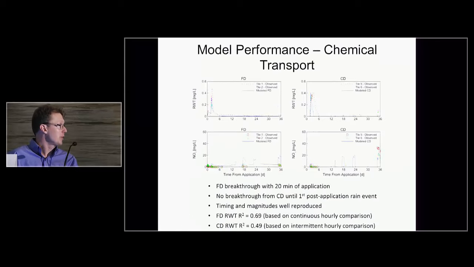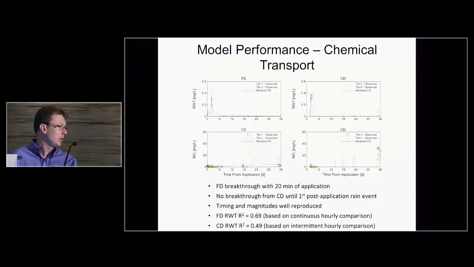From a chemical transport perspective, the model also worked pretty good considering the inherent complexities with this type of simulation. I mean, there's nitrification, denitrification happening here. The nitrate that we're actually tracking is produced in the model via the nitrification of ammonium, so that was also configured into the reactive transport component of the model.